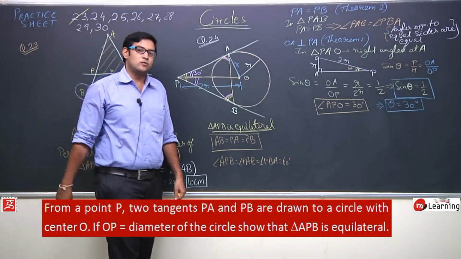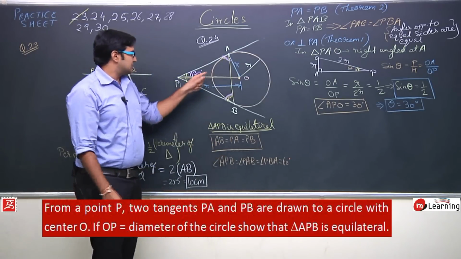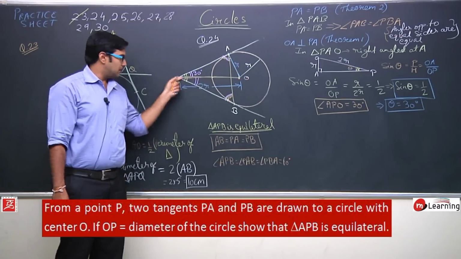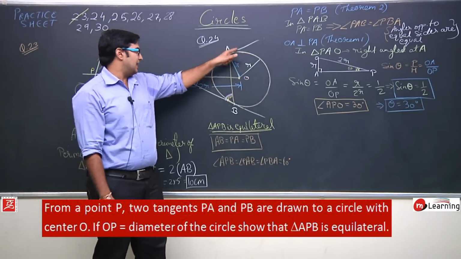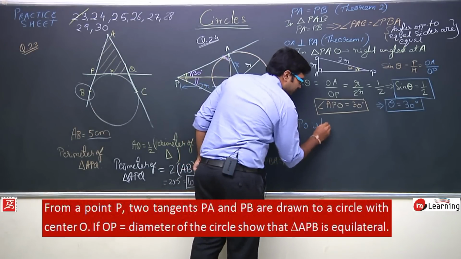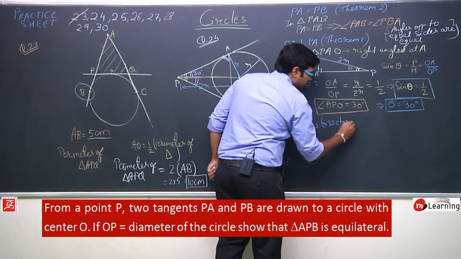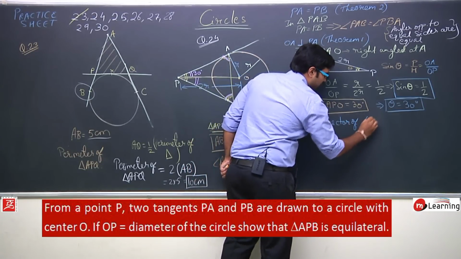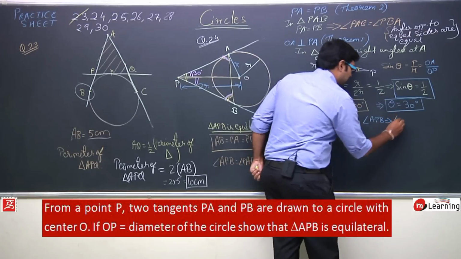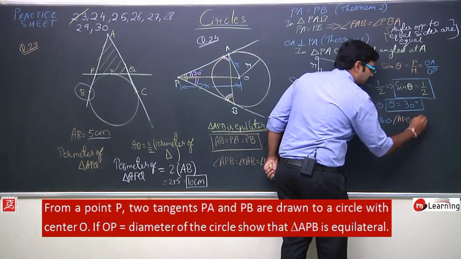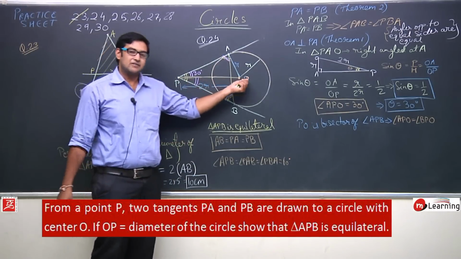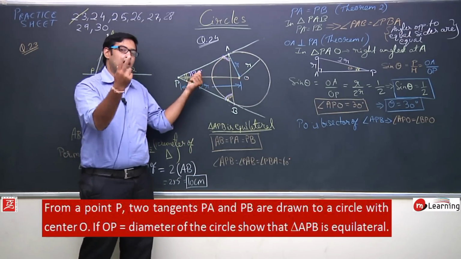We have initially proved in some question that PO is the bisector of angle APB. It implies angle APO is equal to angle BPO. Bisector means it's a line which divides this particular angle in two equal parts.